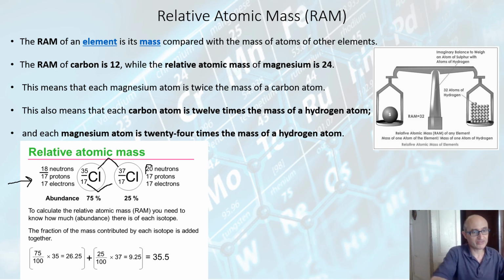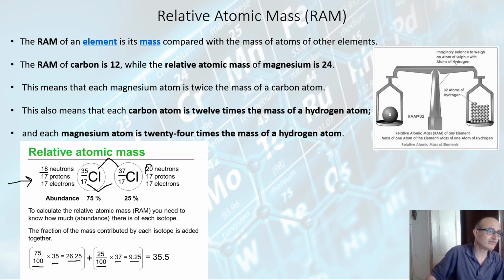You take the mass number, which is 35 for chlorine 35, and you give it an importance of 75%. 75 on 100 multiplied by the 35, and this is your answer. Likewise, you give an importance of 25% to your chlorine 37, and the result is 9.25.